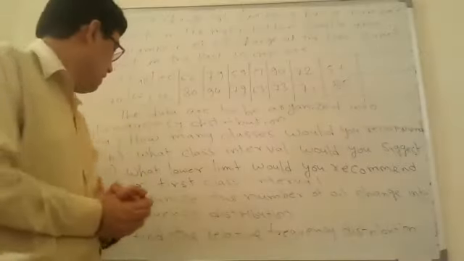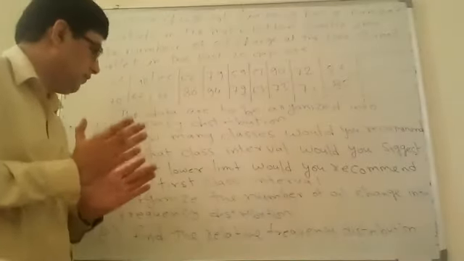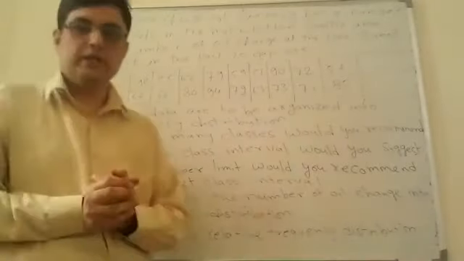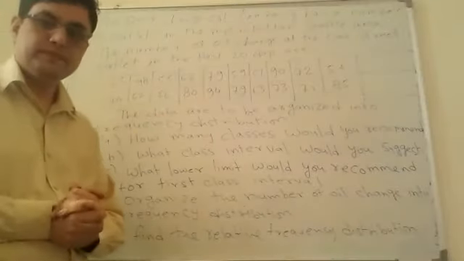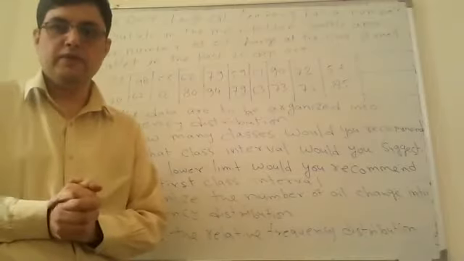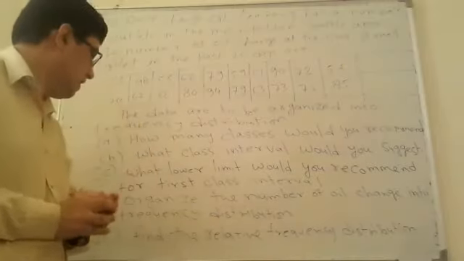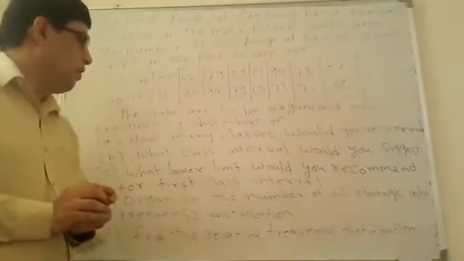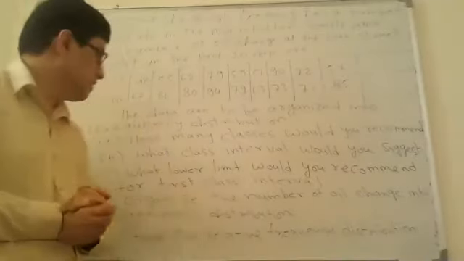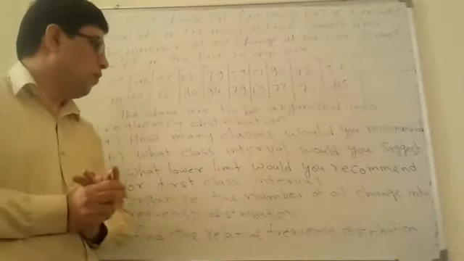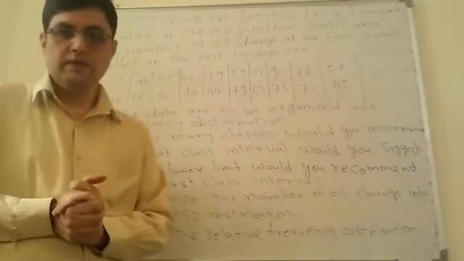See here, five main questions are there. First of all, what class interval would you suggest? How many class intervals do we have to decide? First one, how many classes do we need? Second, what class interval do we need?